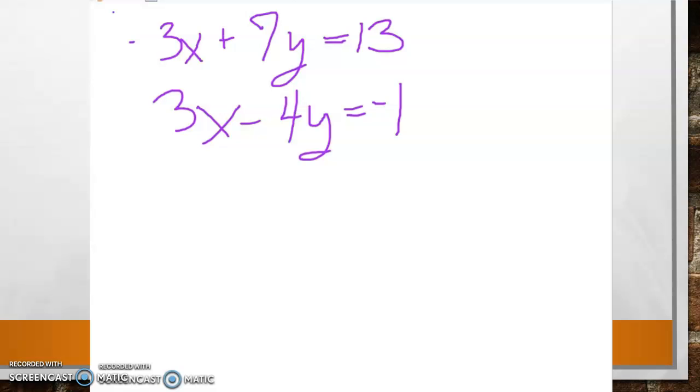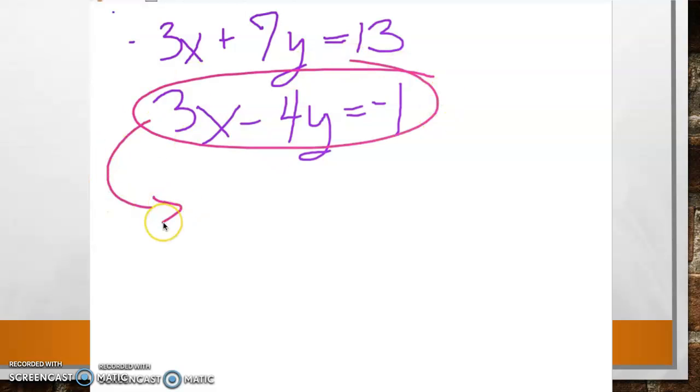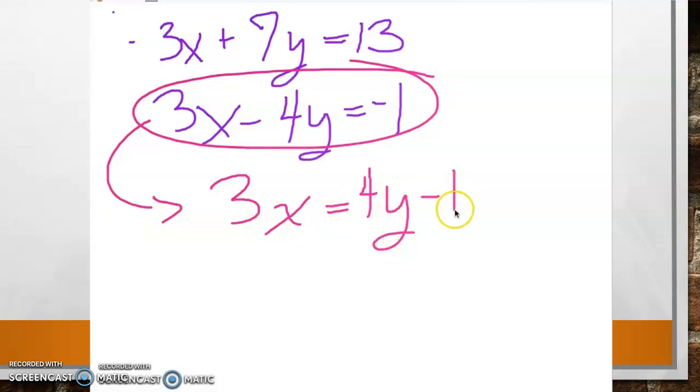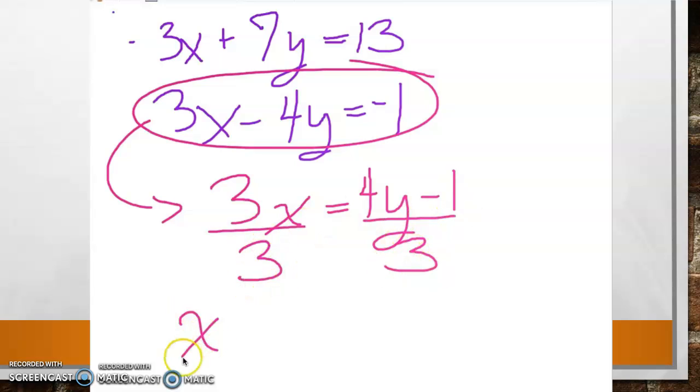Alright, so let's use this second equation right here. So we're going to solve for x. So 3x, we're going to move that y to the other side so it becomes 4y minus 1. And we're going to divide by 3. So x equals (4y minus 1) over 3.